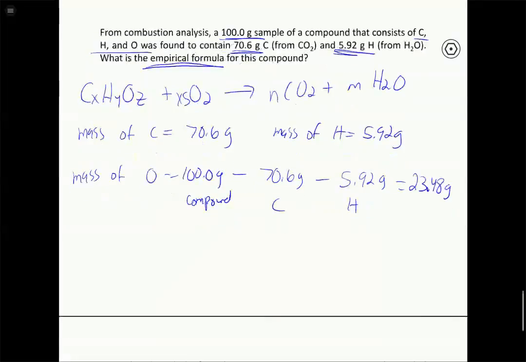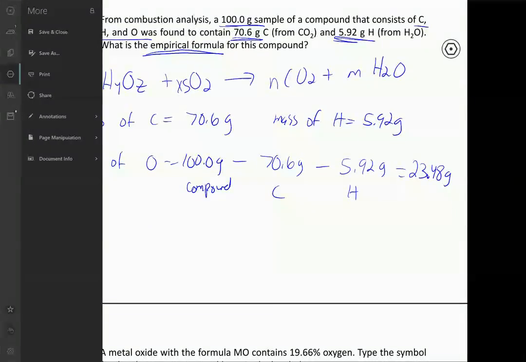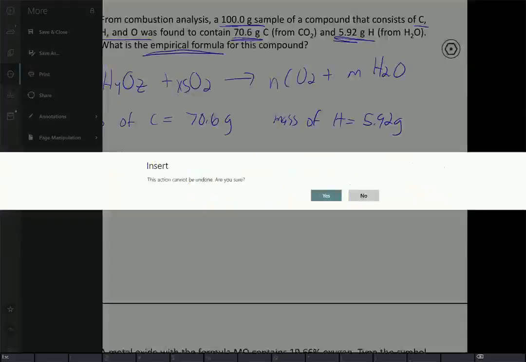Okay, so we have masses of all the elements now, so we're going to do the same set of steps we did last time. I'm going to insert another page because it's going to take more than one page.